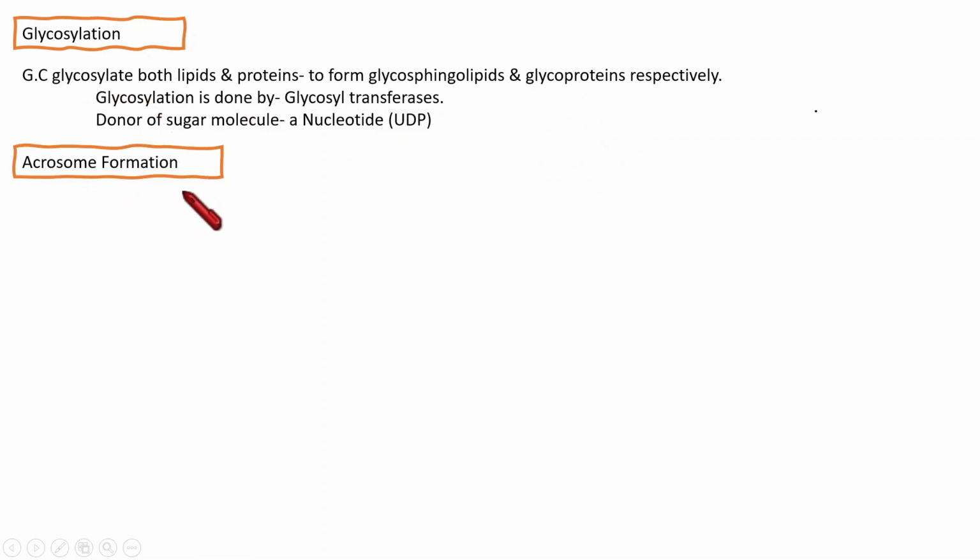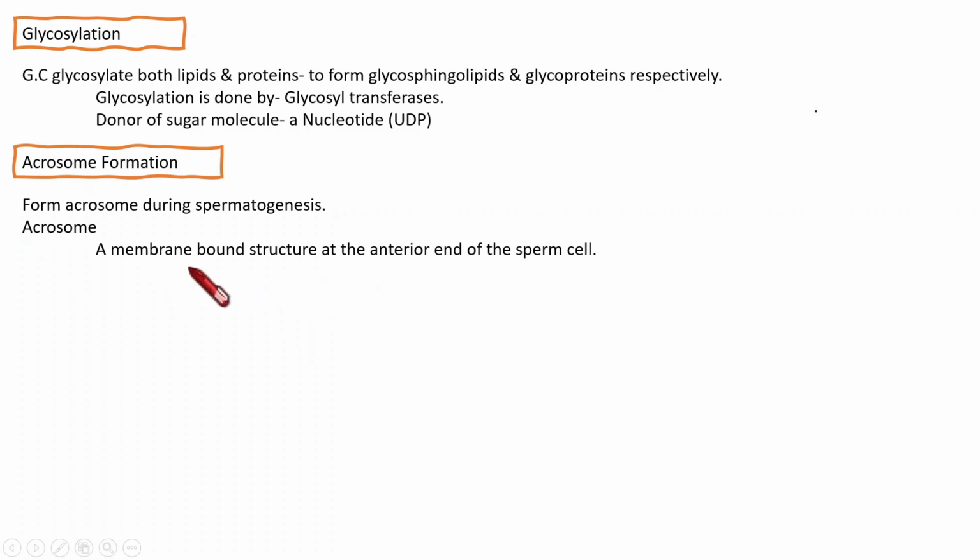Then acrosome. What do you mean by acrosome? Acrosome is formed during spermatogenesis. It is a membrane bound structure that we can see at the anterior end of the sperm cell.